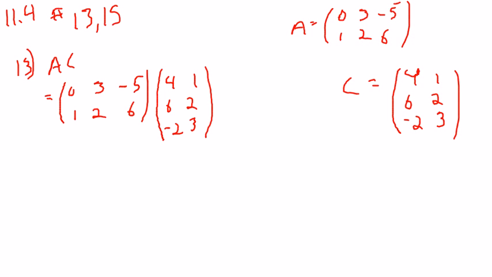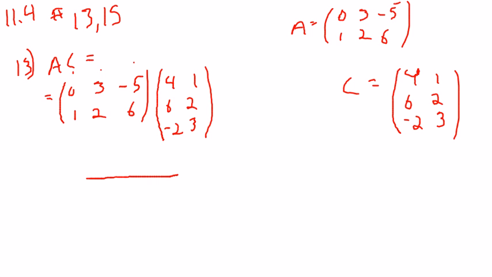Okay, so I wrote it out for us there. We are finding A times C with the two matrices over on the right. So I write A out, I write C out. Remember, I've got a top row 0, 3, -5 and then a left column for the next one. So that gives me a top left entry.